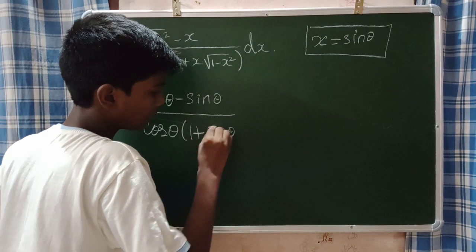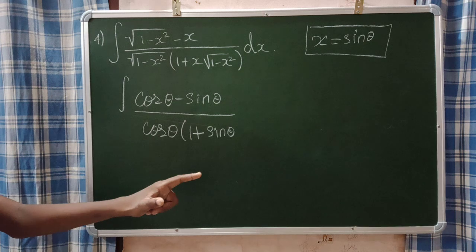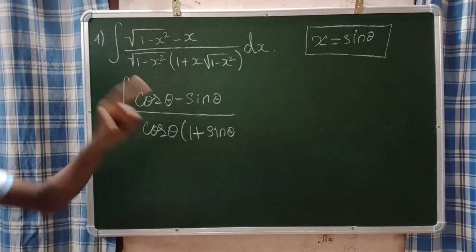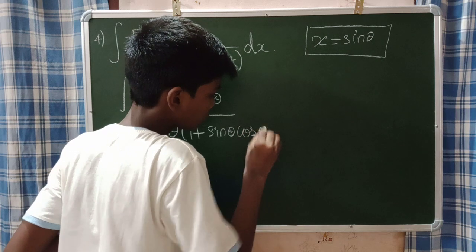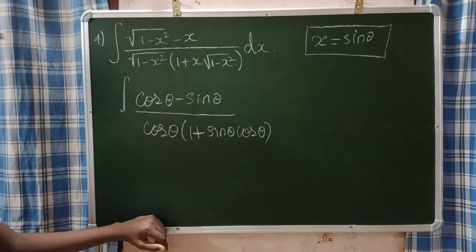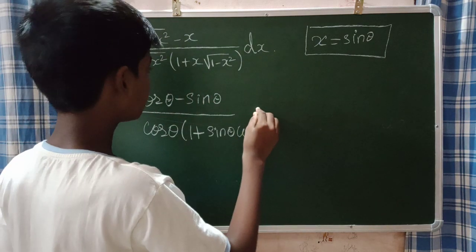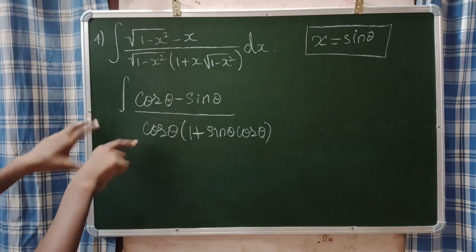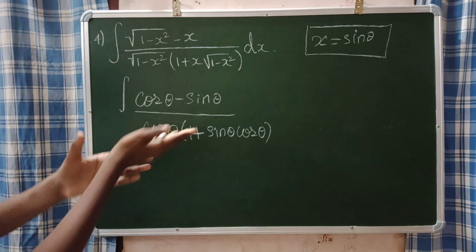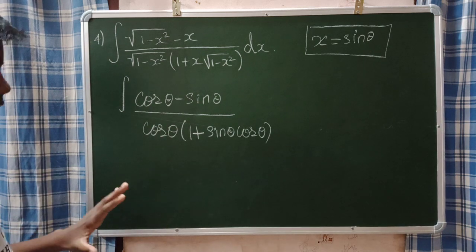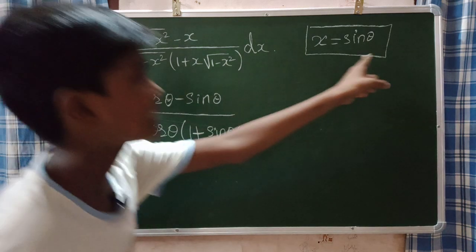And root of 1 minus x square is again root of 1 minus sin square theta, which is equal to cos theta. So cos theta minus sin theta over cos theta into 1 plus sin theta, into cos theta. This is what you will get when you put x as sin theta.